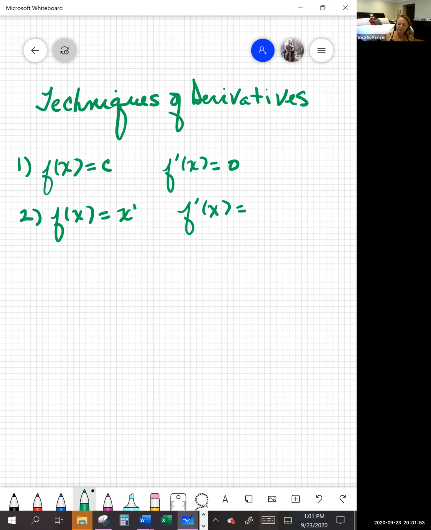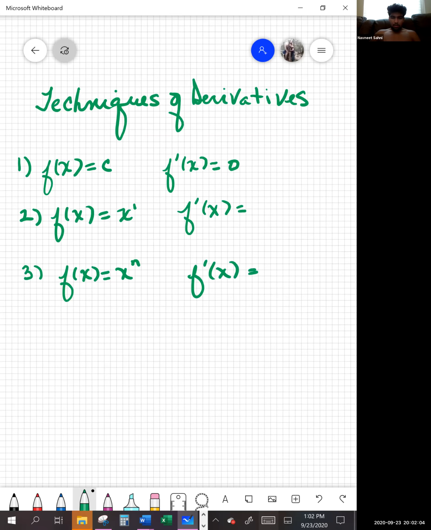Actually, before we do that one, maybe give me the general power rule. If we had f of x equal to x to the nth power, what is the derivative of that one? n x to the n minus 1. Right, so n times x to the n minus 1 power.